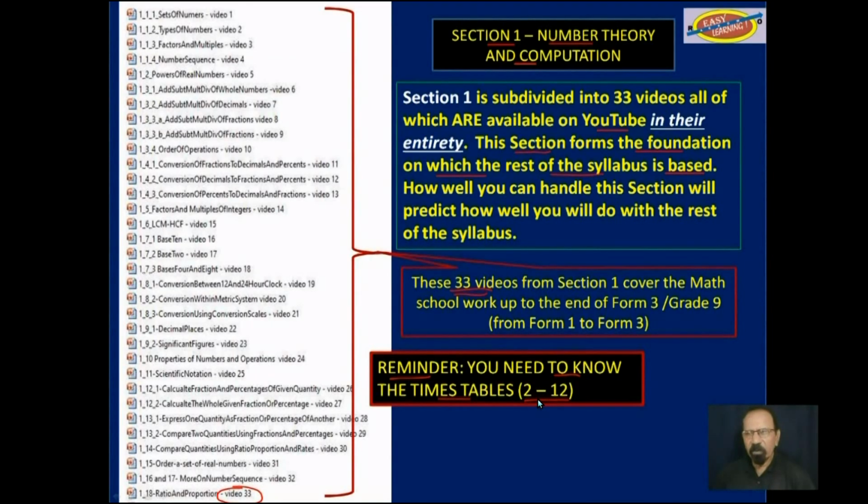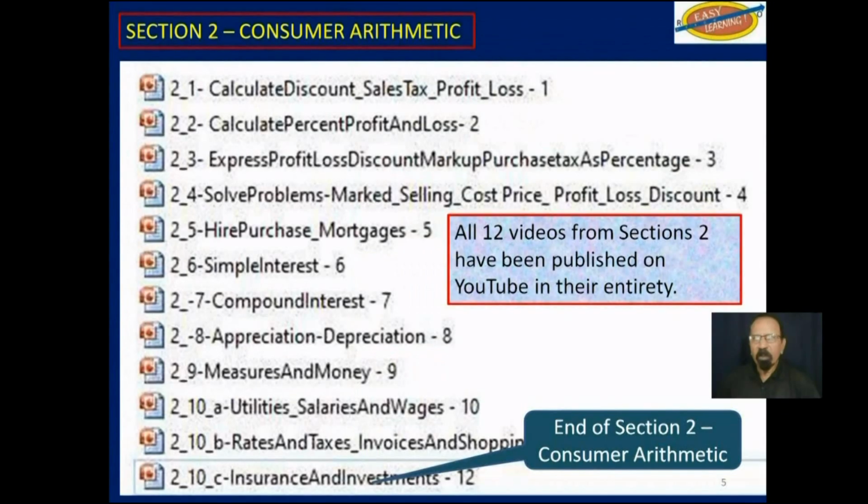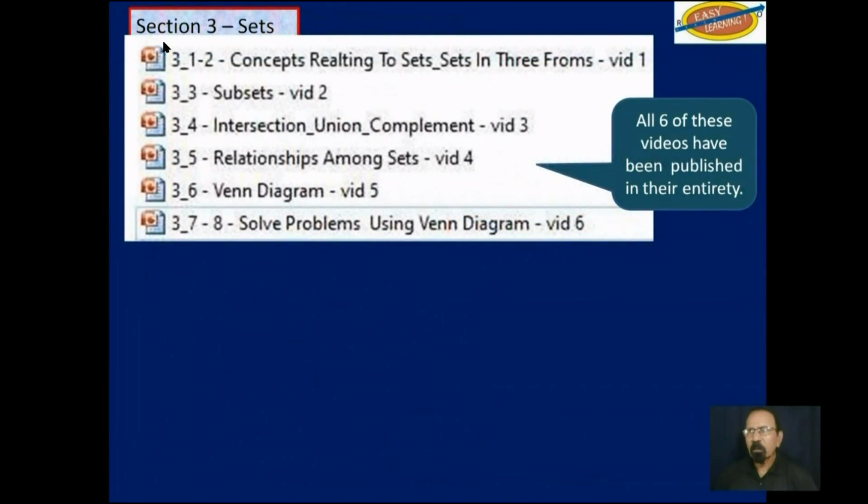If you already know that, fine. If not, you will have to learn them, especially since calculators are not allowed in paper 1. Reminder again that all 12 videos from section 2 have been published on YouTube in their entirety. And from section 3, all 6 videos have been published on YouTube in their entirety.